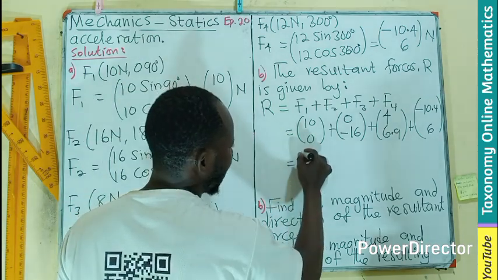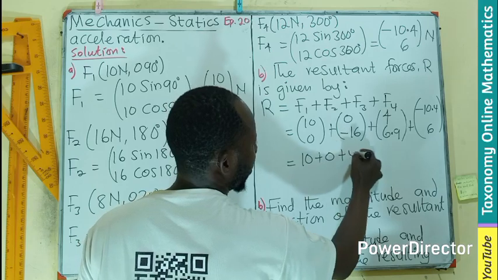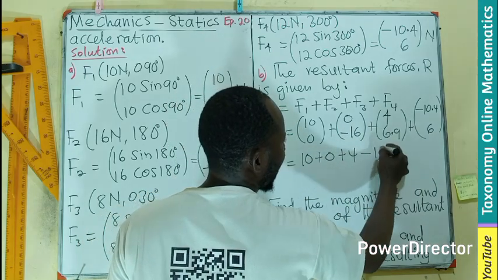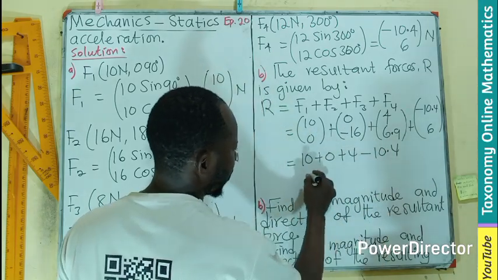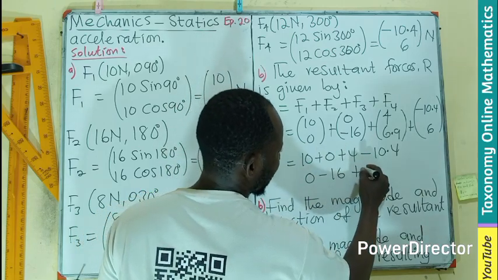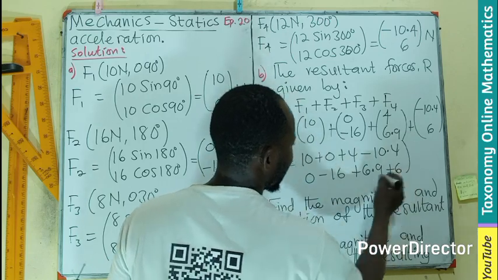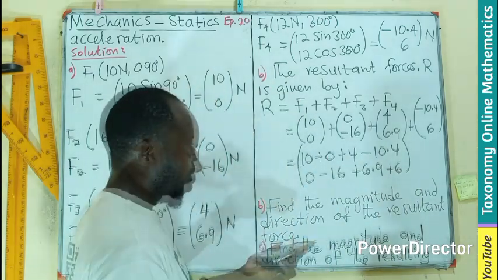Okay, let's see. 10 plus 0 plus 4 minus 10.4, and 0 minus 16 plus 6.9 plus 6. Let's see the value of that.